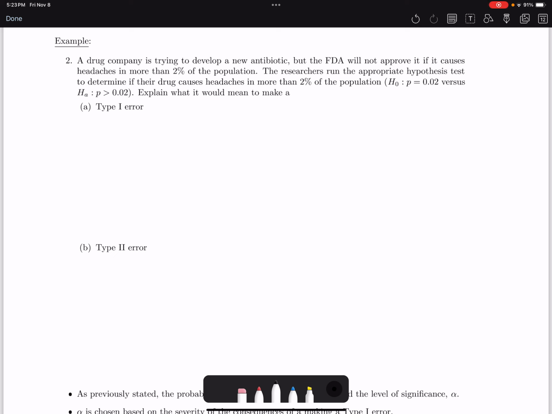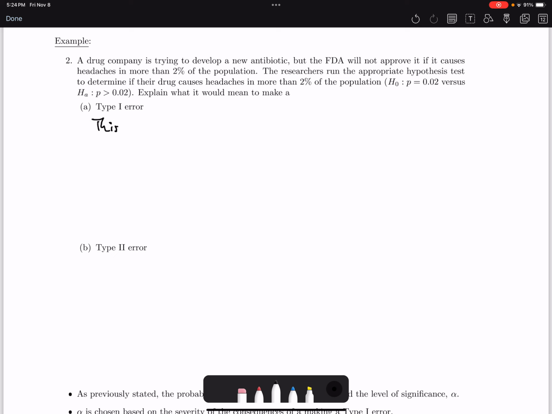So a type 1 error is rejecting a true null hypothesis. It would be, in this case, rejecting the idea that only 2% of people experience headaches, when in fact that is true, right? Maybe a better way to say it would be concluding that more than 2% of people experience headaches, when in fact only 2% of them do, right? That would be a type 1 error in this case. So let's write that down.